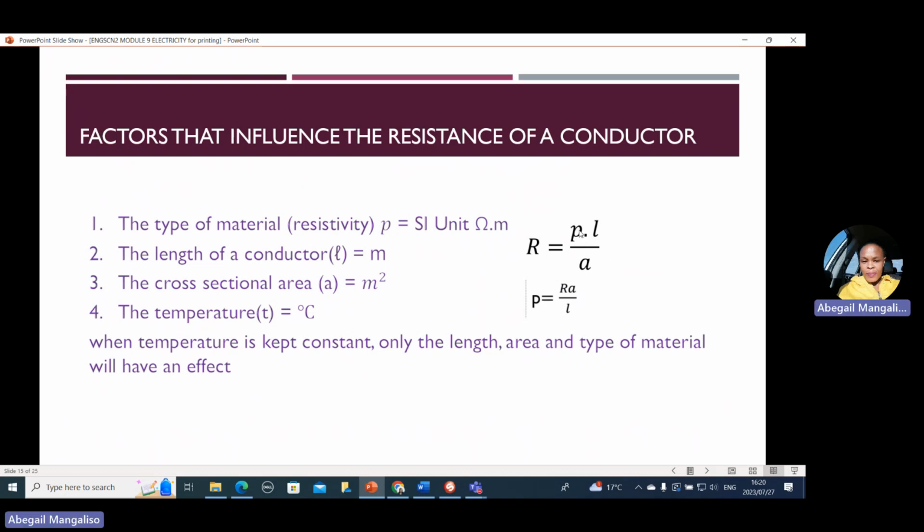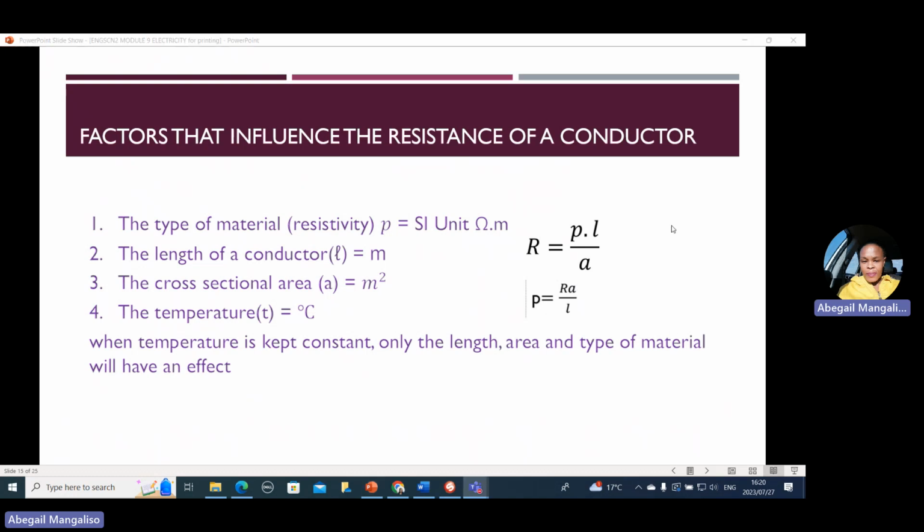When you make resistivity the subject of the formula, resistivity will be resistance multiplied by area, with resistance in ohms and area in square meters, divided by length in meters. One meter will cancel, and you are left with this SI unit.